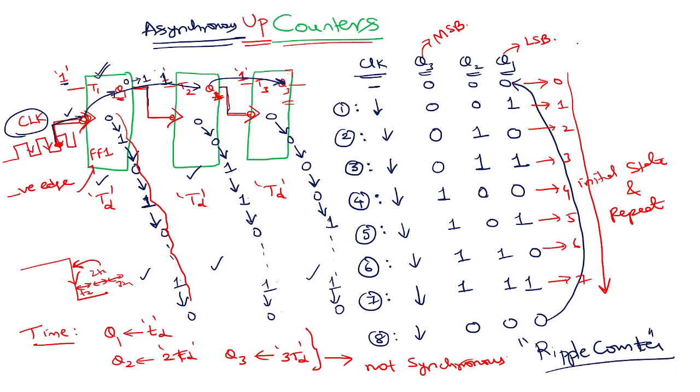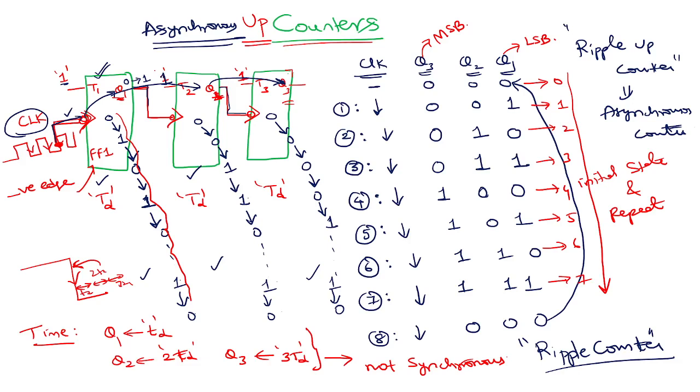When they say ripple up counter, they are talking about an asynchronous counter. When they say binary up counter or binary synchronous counter, I have to mention it clearly. If they say ripple up counter, then obviously that's an asynchronous counter.